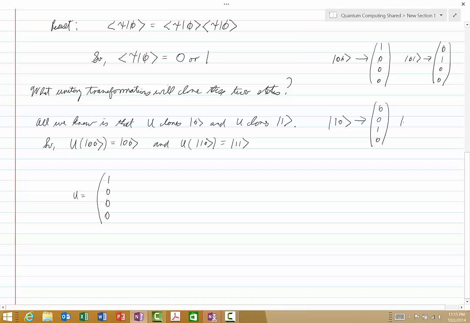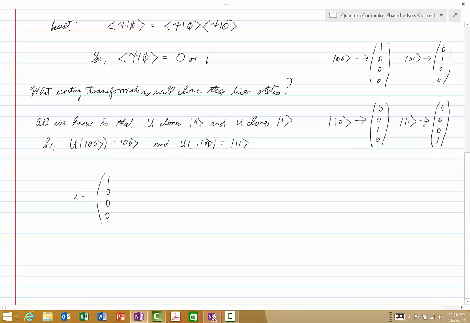And finally, 1, 1 is represented by 0, 0, 0, 1. This is what we've learned before. So the fact that U of the first one is equal to this means that U of the vector 1, 0, 0, 0 is 1, 0, 0, 0. So we're going to get 1, 0, 0, 0 in the first column of U.